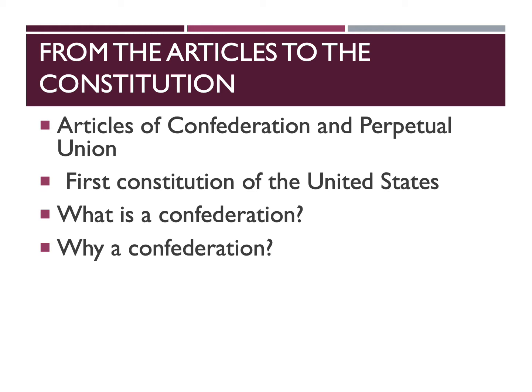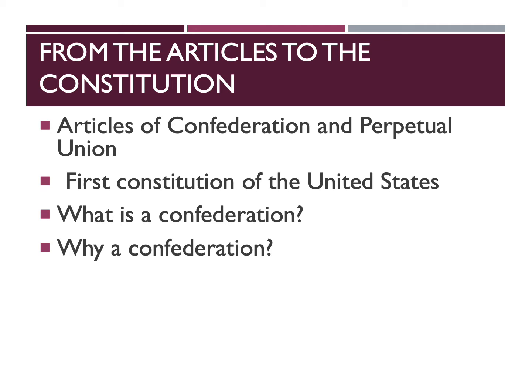They were very worried about creating a strong national government for this new nation that would basically act as a king, a monarch, or a sovereign, right? And so they wanted to make sure that power was greatly diffused, and they wanted that power to be diffused into the states. So a confederation under the Articles of Confederation and Perpetual Union gave the vast majority of the powers to the states.